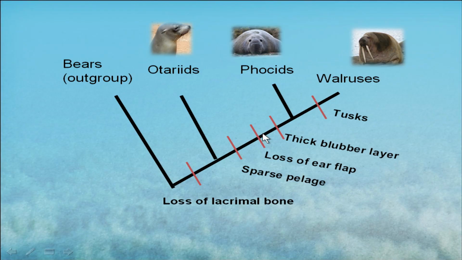Now remember, cladistics is based on this principle. Organisms that have shared derived traits are going to be evolutionarily related to each other. Now that brings up a really interesting idea, because let's take the loss of the ear flap, for example, which is shown here. What we're really saying is that both the phocids and the walruses have lost their ear flap, but they didn't lose them independently.